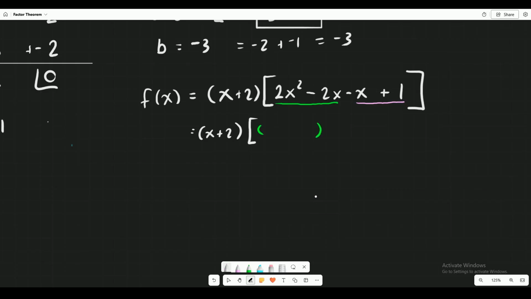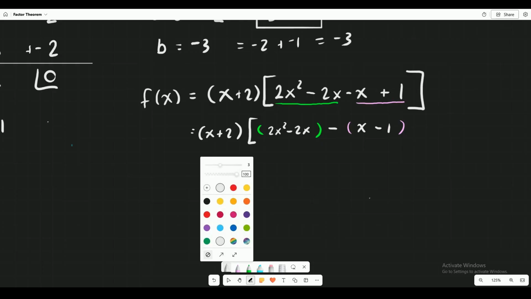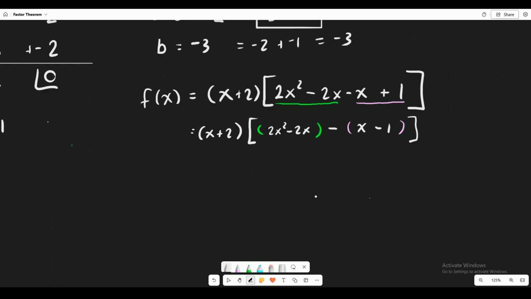I get 2x squared minus 2x, minus, group these. I'm extracting a negative, which means this is now an x, and I'm extracting a negative from the plus 1, which means it becomes minus 1. Just like that. From the one in green, we can see that they share a 2x. 2x squared minus 2x, they share a 2x. So this becomes x plus 2.